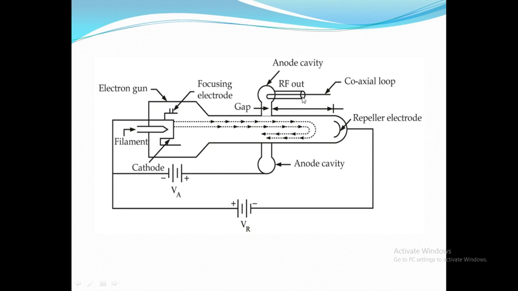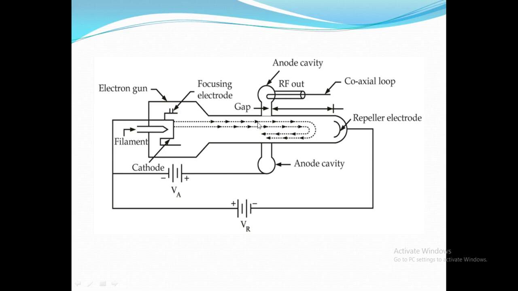The electron gun produces the electron beam, which is accelerated towards the anode cavity, which has a high positive potential.